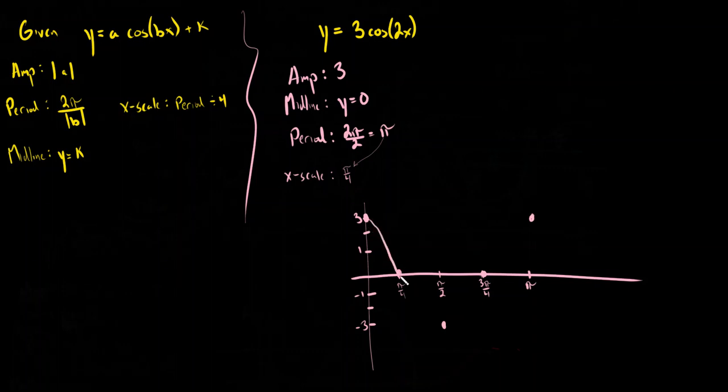So this would end up being our graph for this particular cosine function.